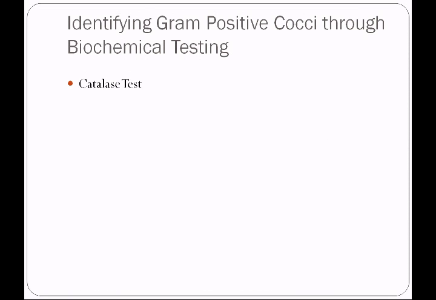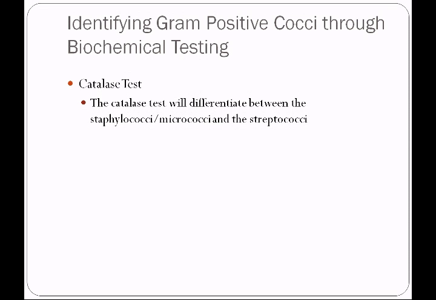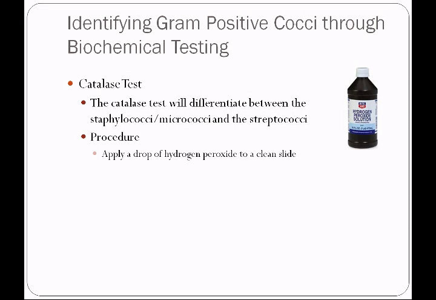The first test, once you have established that you have a gram-positive coccus isolate, is the catalase test. The catalase test will differentiate between the Staphylococci and Micrococci and the Streptococci. The procedure involves putting a drop of hydrogen peroxide, simply drugstore hydrogen peroxide, on a clean slide.